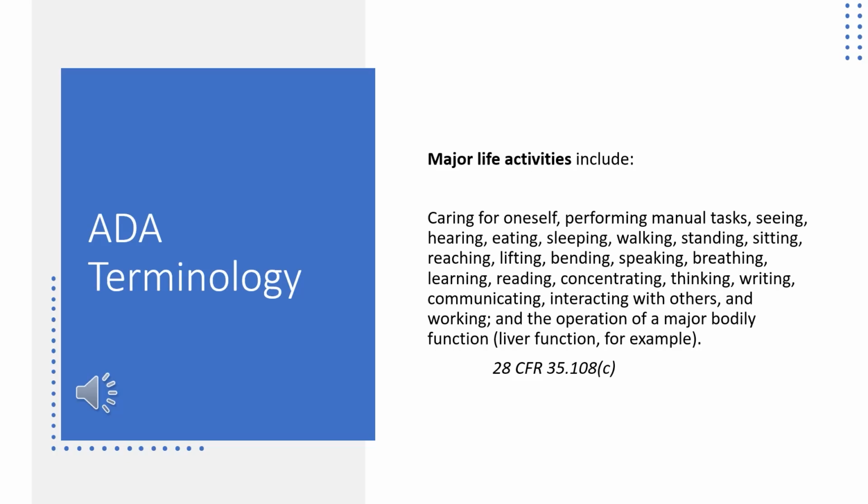Major life activities is a term with a very broad definition. It includes caring for oneself, performing manual tasks, seeing, hearing, eating, sleeping, walking, standing, sitting, reaching, lifting, bending, and a large variety of other life activities, some of which are listed here.